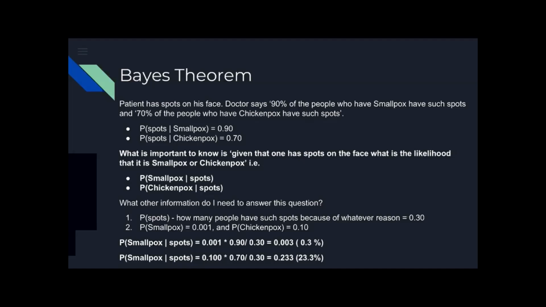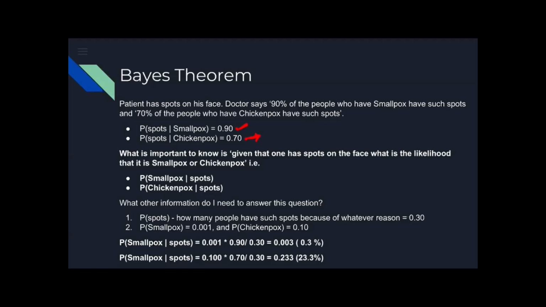So the first thing that we discussed was that given that a person had smallpox, the chances that he will have spots on the face is 90%. And given that a person had chickenpox, the chances that he will have spots on the face is 70%. Now, in this statement, we have not even talked about whether the person is actually having smallpox or chickenpox or not.